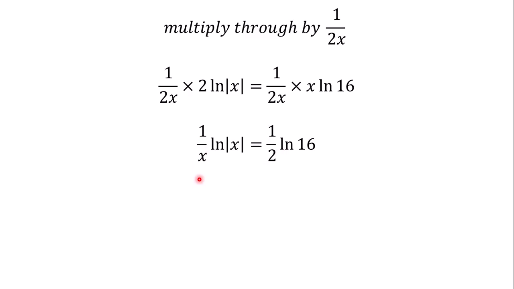Now we will write this one as x raised to the power minus 1, and then we will write this one as 4 raised to the power 2 times 1 out of 2. Why? Because it's the same thing as the square root of 16, which is the same thing as 4 raised to the power 2 times 1 out of 2. The value of the square root is what? This half.